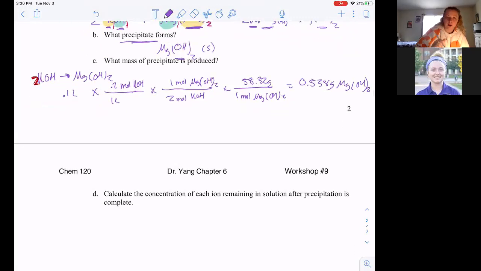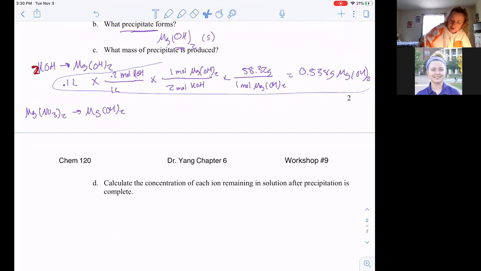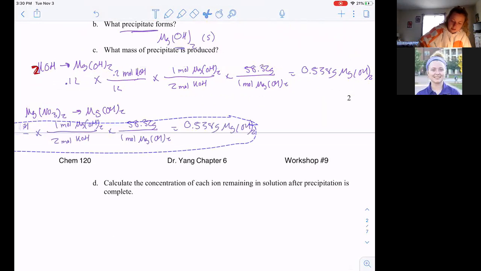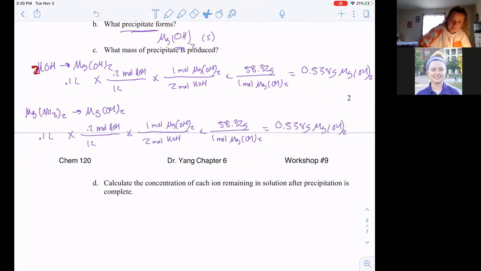Okay, mouthful. All right. So then we have to go from MgNO3 to MgOH2. I'm going to take the lazy way out and just copy this. Don't hate me. Copy, paste, because I'm lazy. Then we're just going to edit it a little bit.